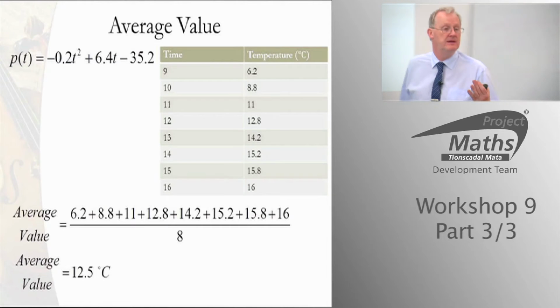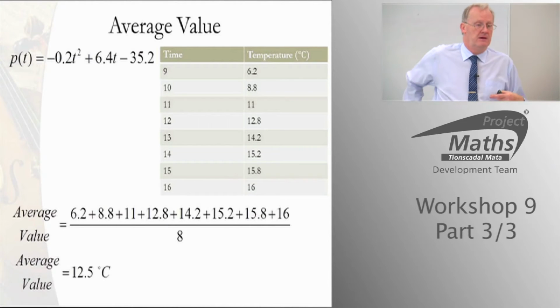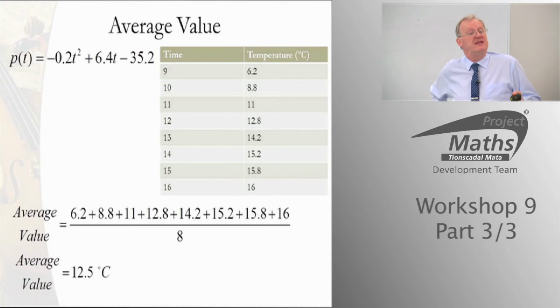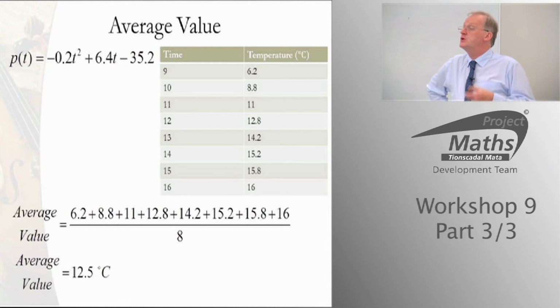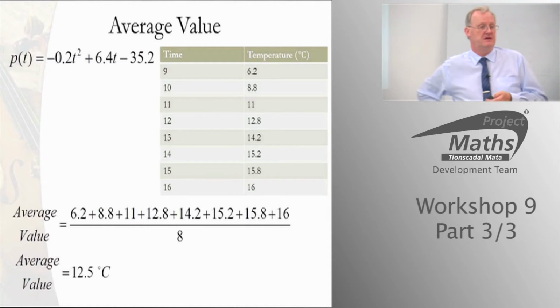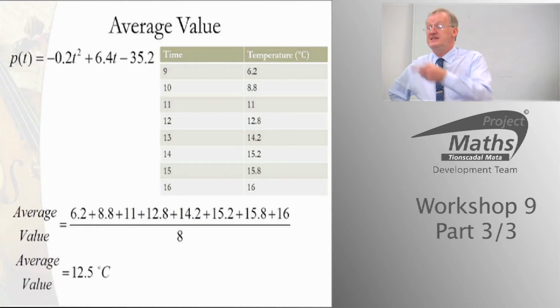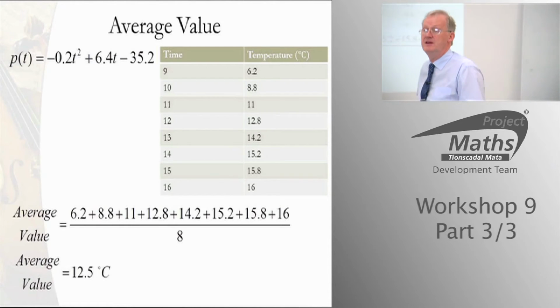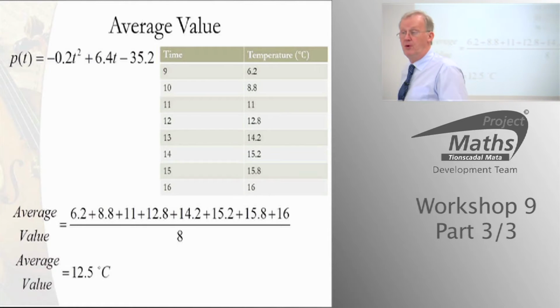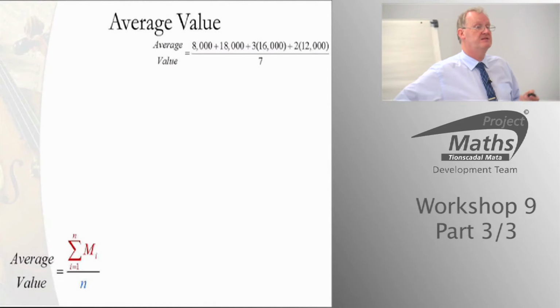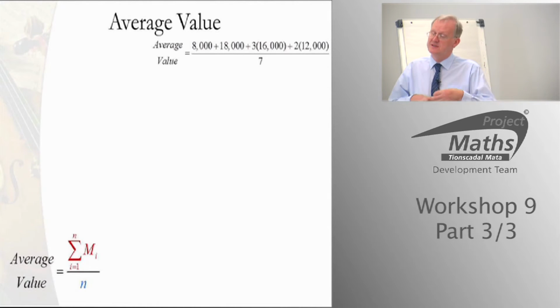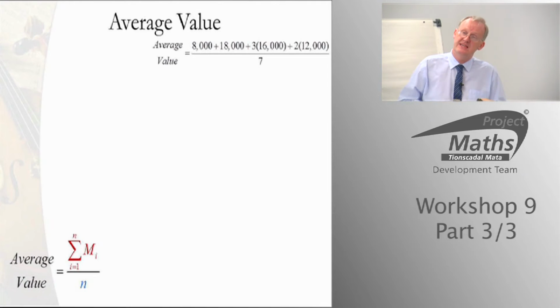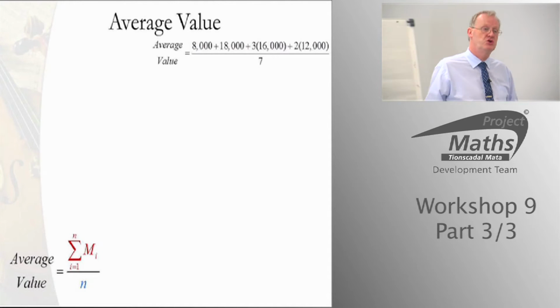What would you be getting? So you're really only getting an estimate. How would you improve that estimate? I take it on the half hour, take it every quarter of an hour, take it every minute, but you're still only getting an estimate. So the question is, how would you get the dead exact perfect average?